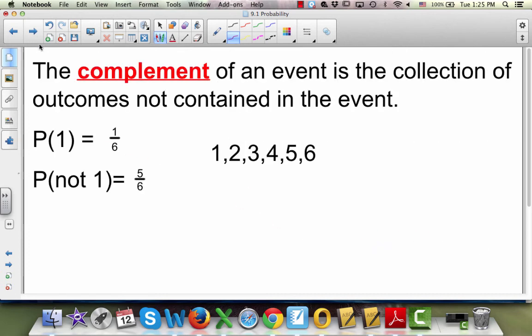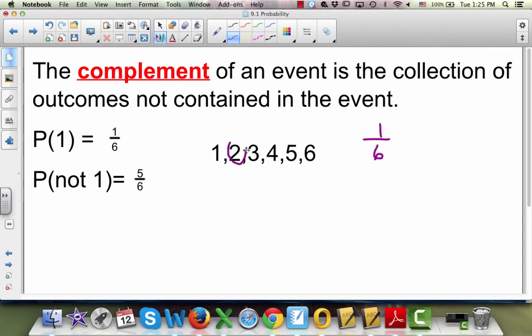The complement of an event is the collection of outcomes not contained in the event. So, the probability of a 1, for example, you have 6 possible outcomes, and 1 is the favorable outcome. And there's only one of them. So we get 1/6. Probability of not a 1 means that anything but a 1 would be successful.